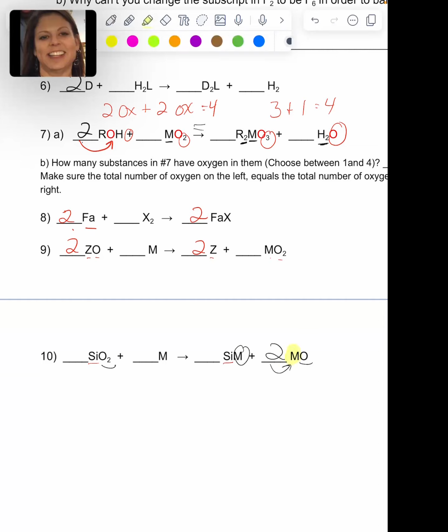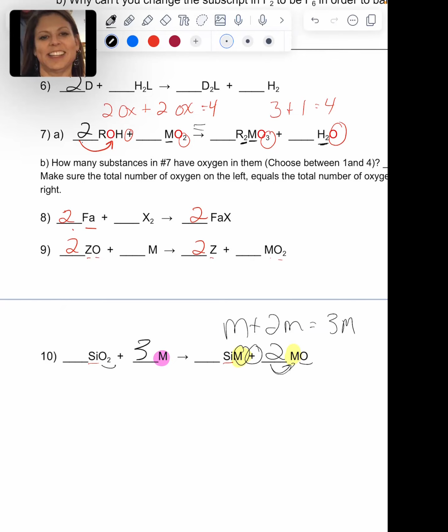See, I've got an M there and an M there, but only one M on this side. So I'll need to add these M's up. So I have 1 M here plus 2 M's. That gives me a total of 3 M's. So I need a 3 here.